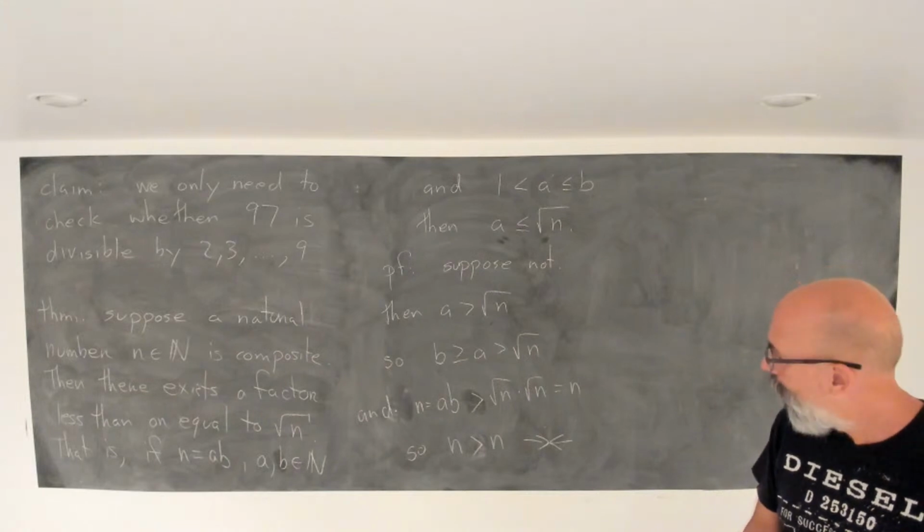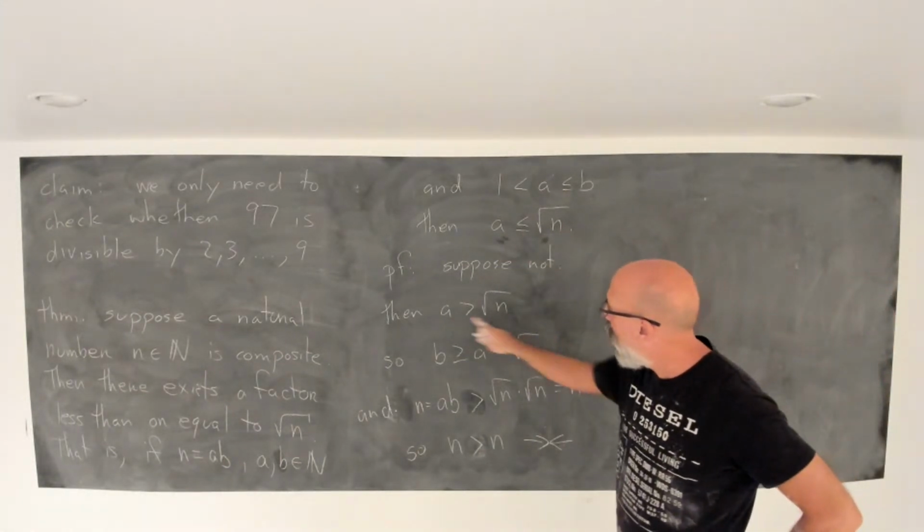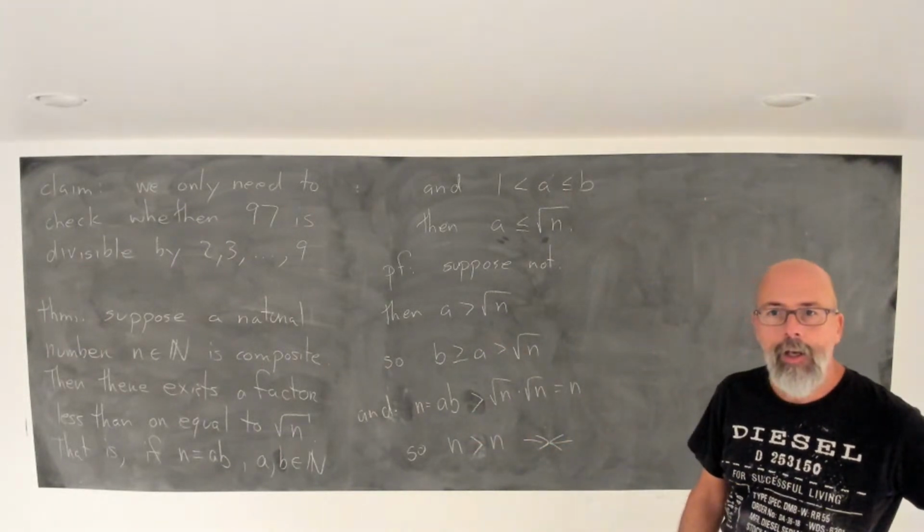There it is. If both factors are bigger than root n, then their product has to be bigger than n. Contradiction.